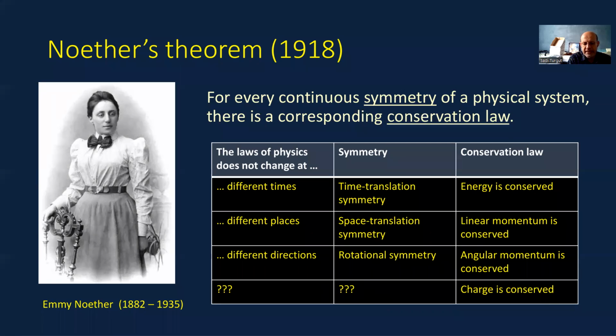The problem here is that, yes, there is a symmetry, but it's complicated. It's not really a symmetry of nature. It's a symmetry of the mathematics that we use to describe nature. It's not a symmetry on the nature side, it's a symmetry on the mathematics side. It's called the gauge symmetry.